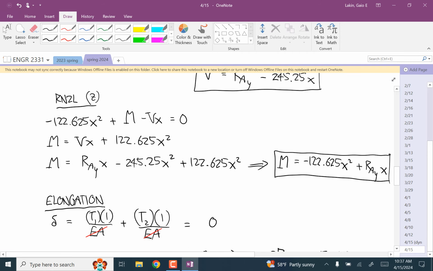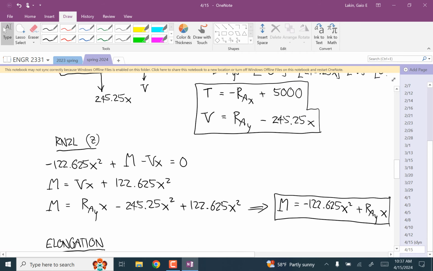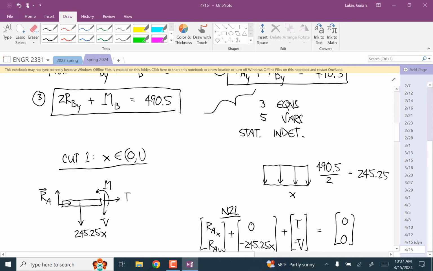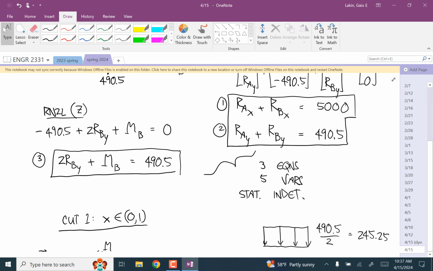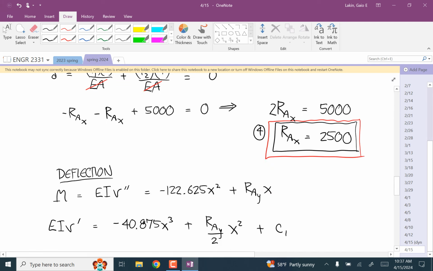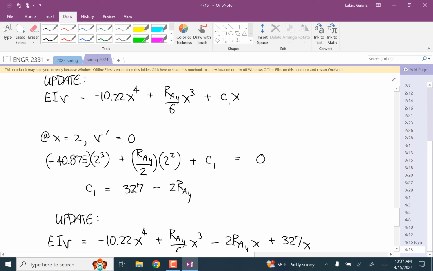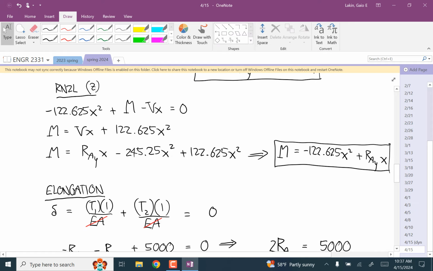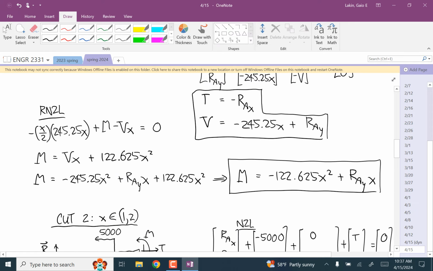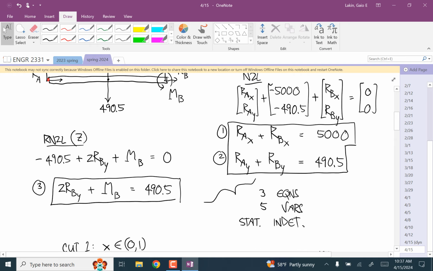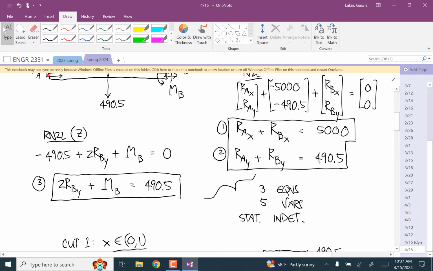Since RAX is 2,500, RBX is also 2,500. And RAY plus RBY is 490.5.